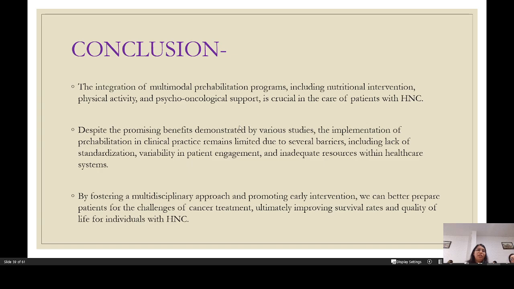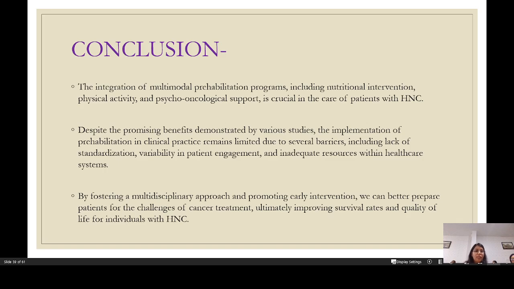So the conclusion is integration of the multimodal rehabilitation program, including nutrition intervention, physical activity, and psycho-oncologic support, is crucial in the care of patients with head and neck cancer. Despite the promising benefit demonstrated by various studies, the implementation of rehabilitation in clinical practice remains limited due to several barriers, including standardization, variability in patient engagement, and inadequate resources within the healthcare system.